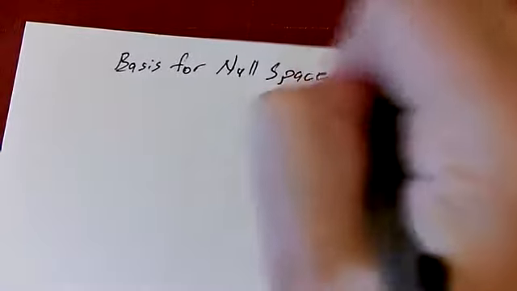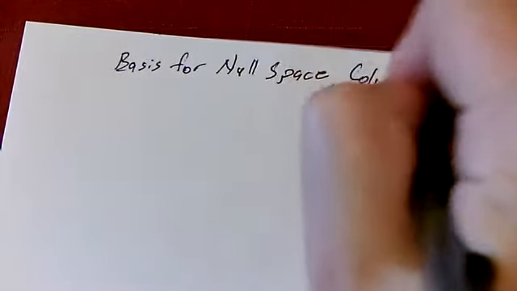Now, we also have bases for some sets we've been looking at. We have a basis for a null space, a column space, or a row space. A basis for a null space, a column space, or a row space is more or less what we've already done.